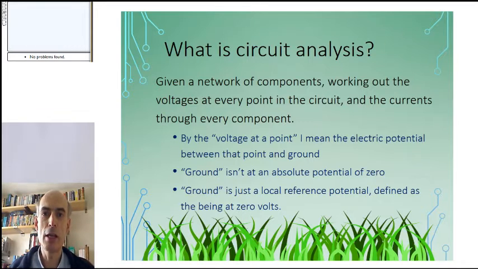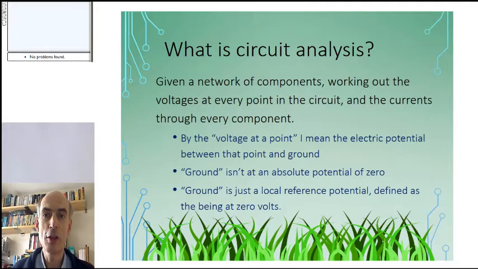Sometimes we call the 0 volt point in our circuit ground. And sometimes it literally is ground, in the sense that you take a big metal stick and you hammer it into the ground, and the potential of that stick, that is our local 0 volt reference. Other times, when you have a battery-powered circuit, for example, not connected to a big stick going into the ground, we usually pick the negative terminal of the battery, and we define that as being our local 0 volts.